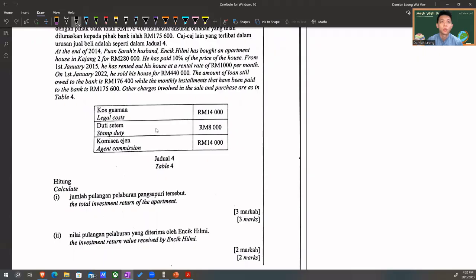On 1st of January 2022, he sold his house for 440,000. The amount of loan owed to the bank is 176,400. Monthly installments that have been paid total 175,600. Other charges involved are listed in the table here. So the total investment return.